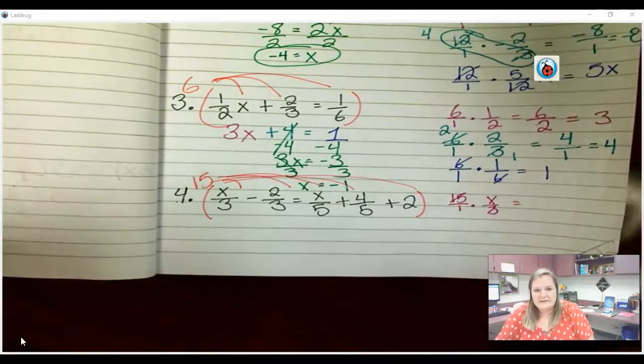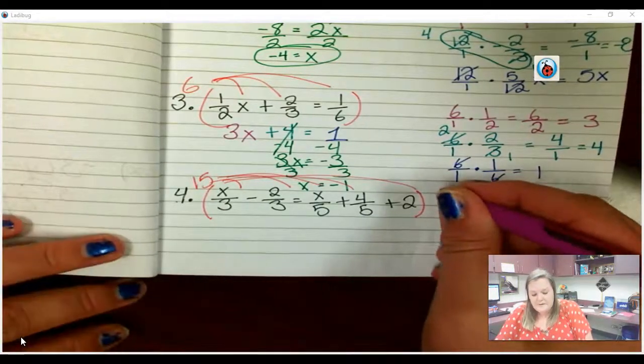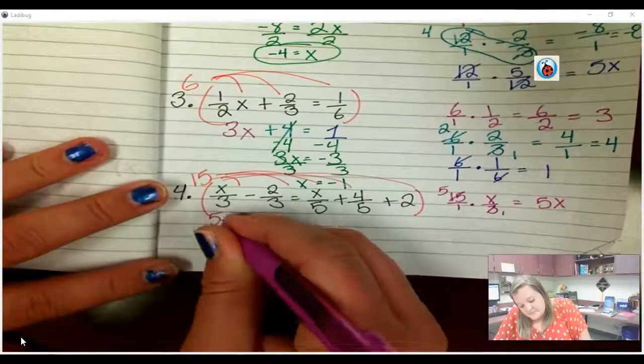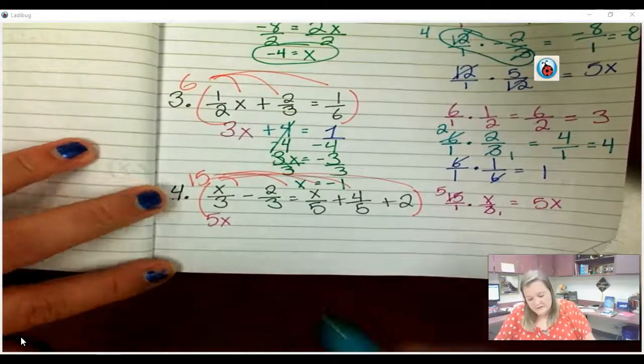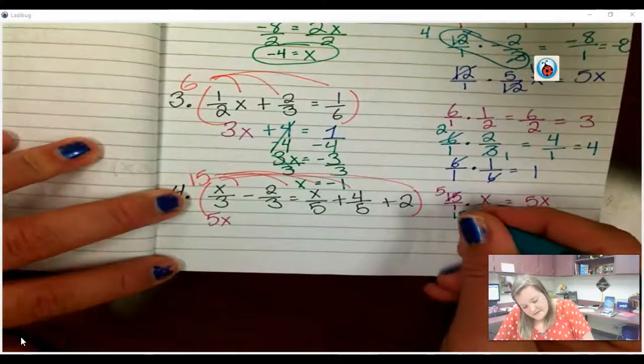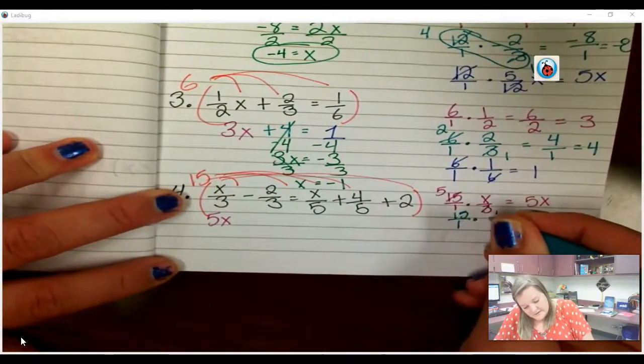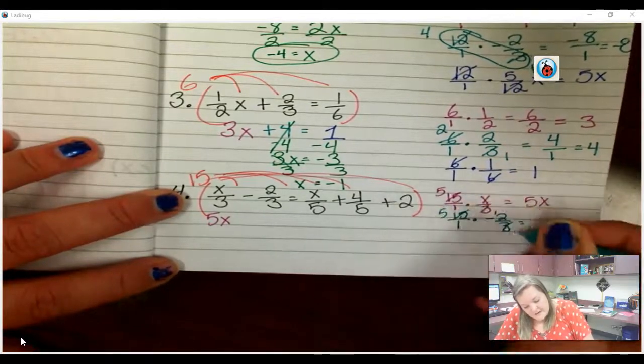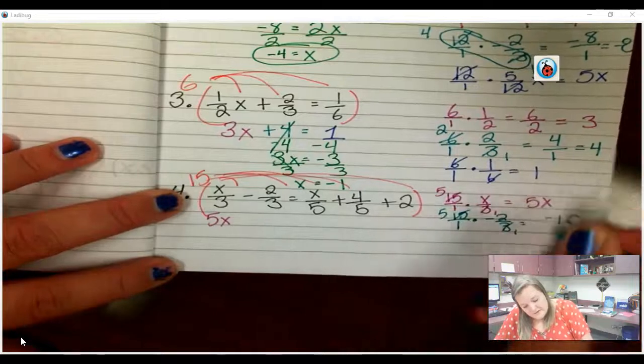Pause the video and see if you can get this on your own. 5x. We're going to do the next one. 15 over 1 times negative 2 over 3, 1, negative 10.